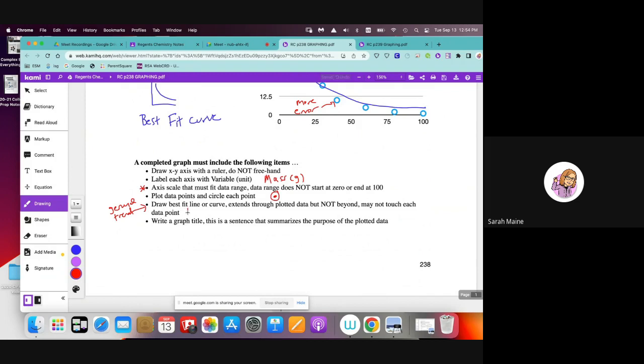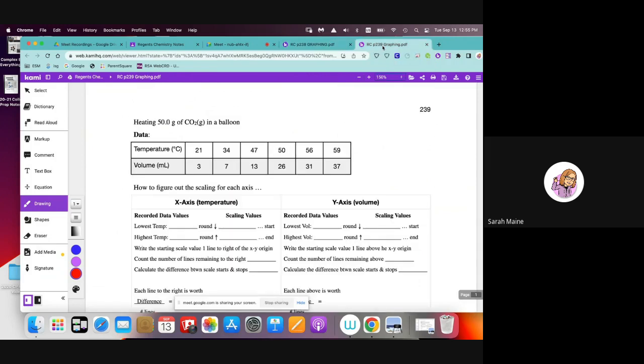And then write a graph title, a simple sentence that summarizes the purpose of the plot. So now we're going to take a look at an example graph on the next page.